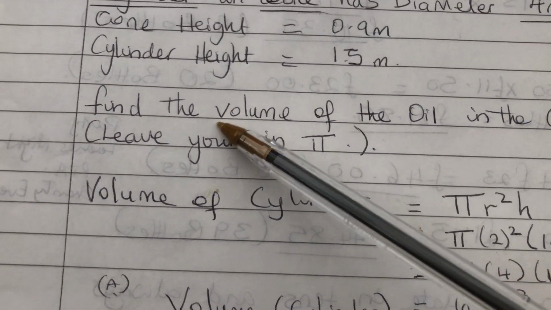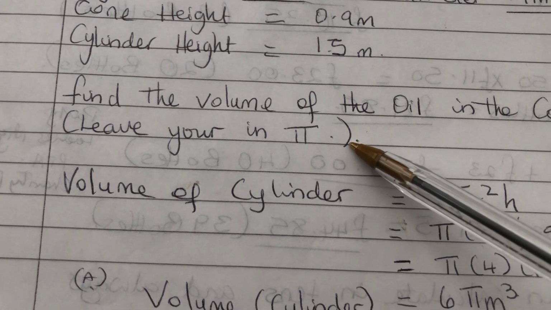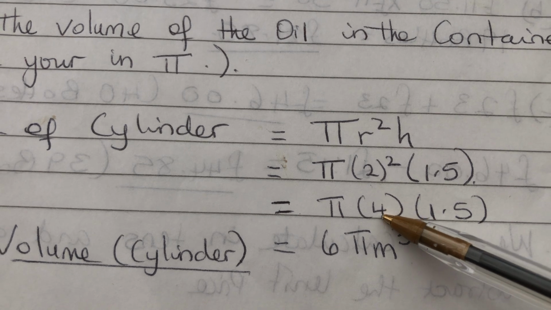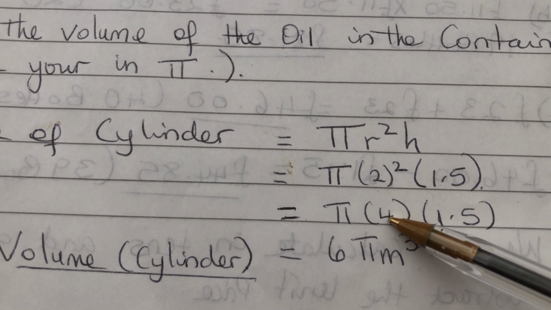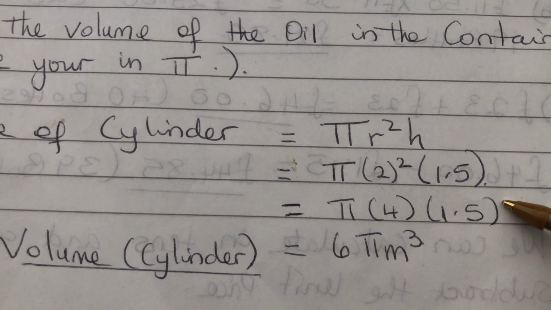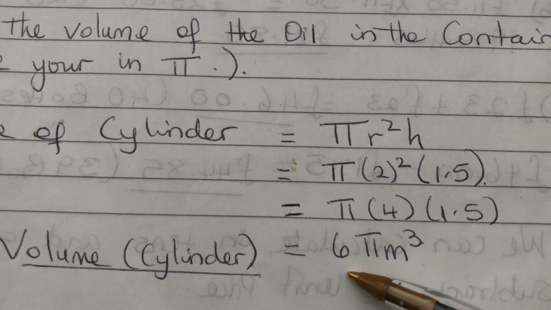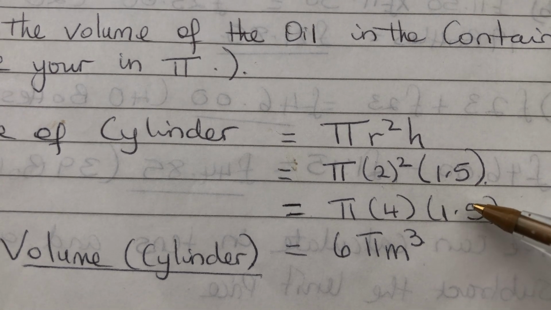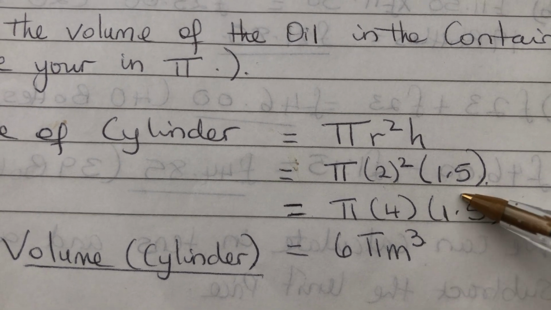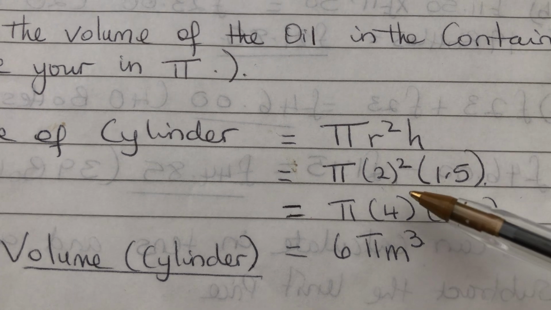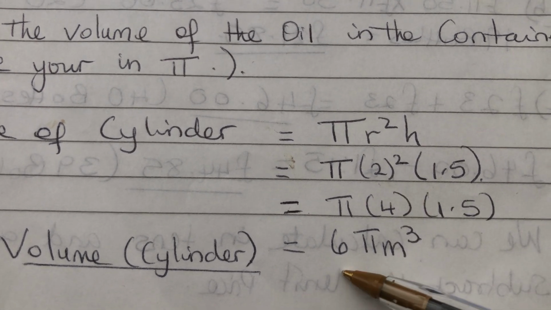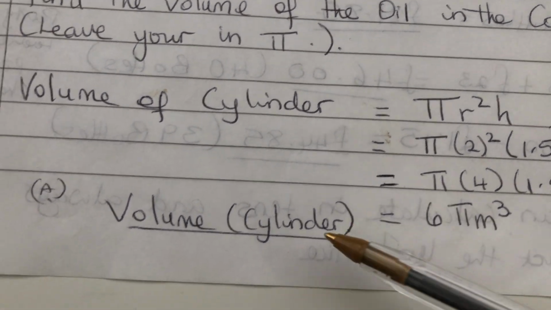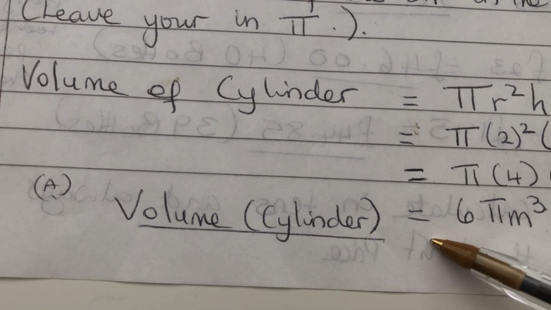We are supposed to leave our answer in pi, which is good. So 4 squared is 16 times 1.5 is 6 pi. If you've not been given a calculator, 1.5 is the same as 3 over 2, so you can cancel out and still get 6 pi meter cube. So that's the volume of our cylinder.